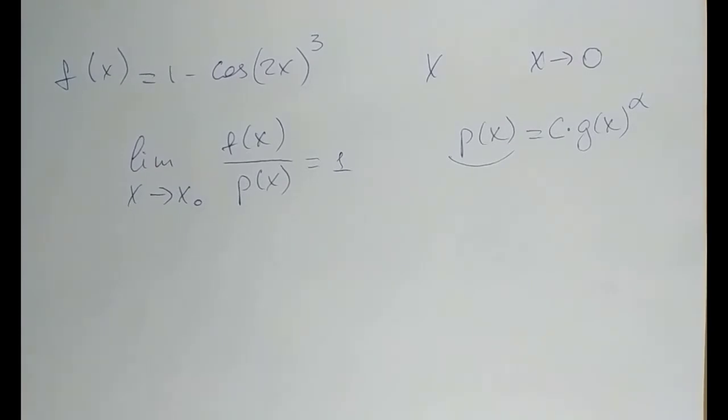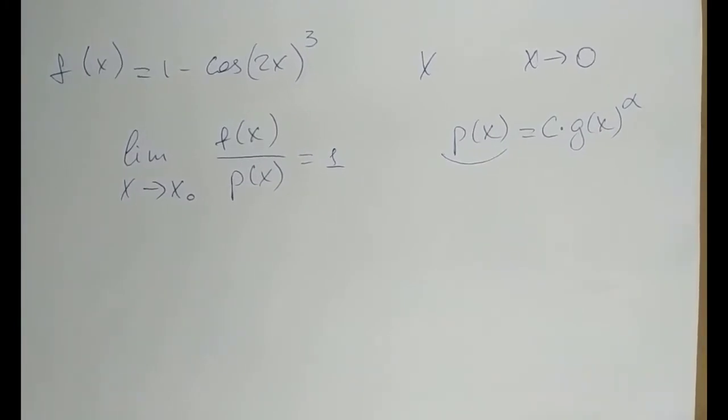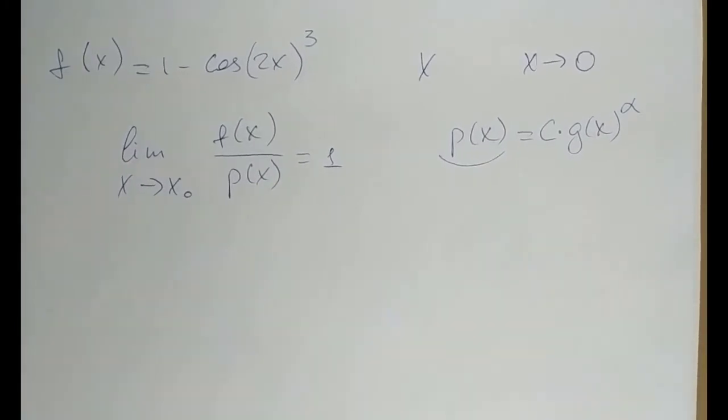So now, in this case, we have as f of x the function 1 minus cosine 2x cubed.